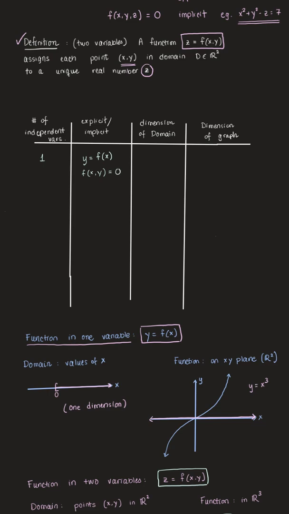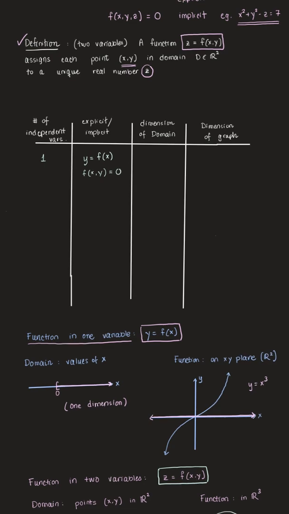The domain lives in R1, so real numbers for x, and the dimension of the graph will be on the plane R2. Just like we saw in the example below, these are the functions that you've seen in Calculus 1 and 2.